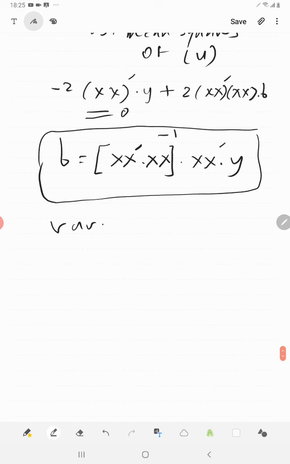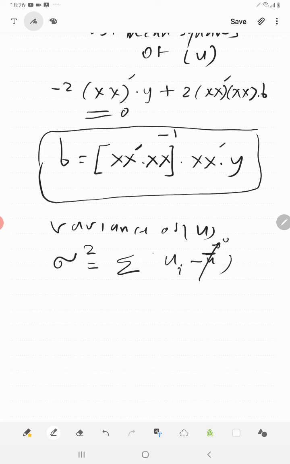Variance of u is equal to sigma squared, which equals the sum of (ui minus mean of u, and this is usually 0) squared, and we divide by n minus 1.